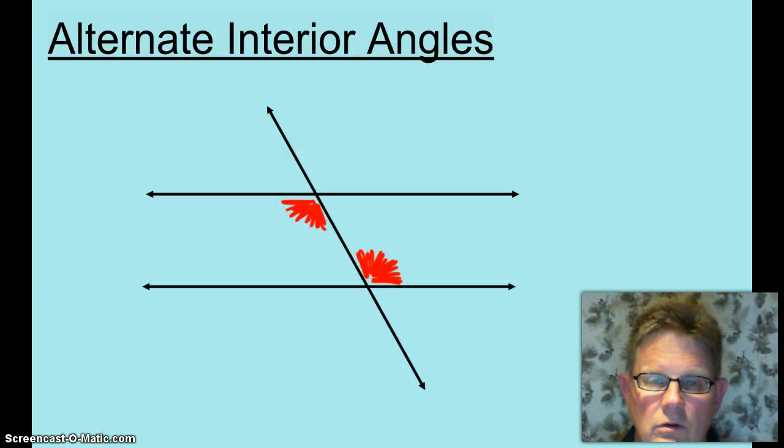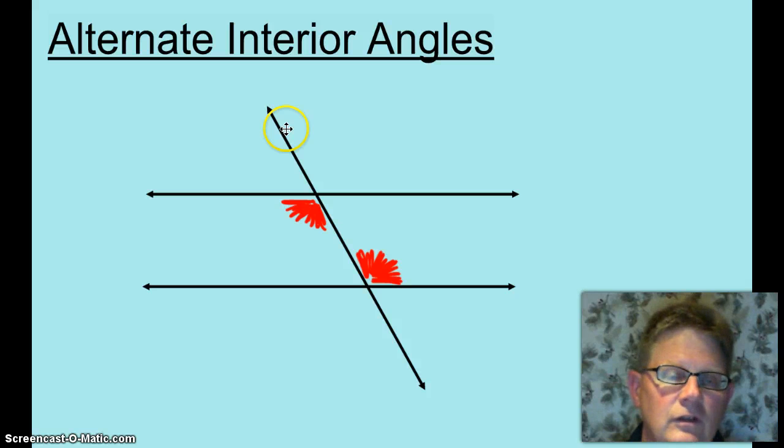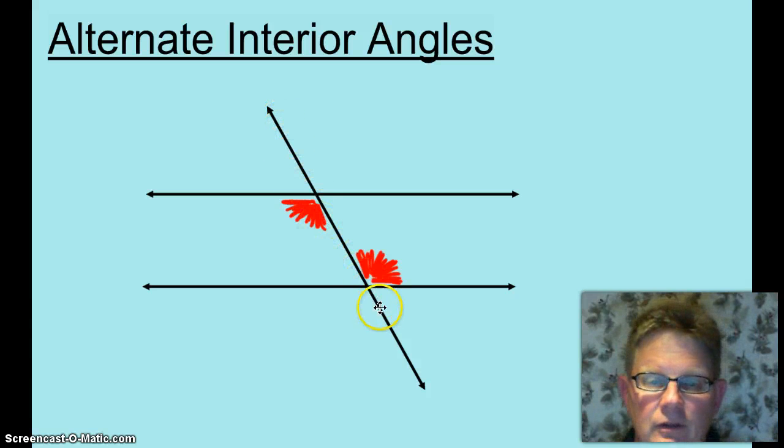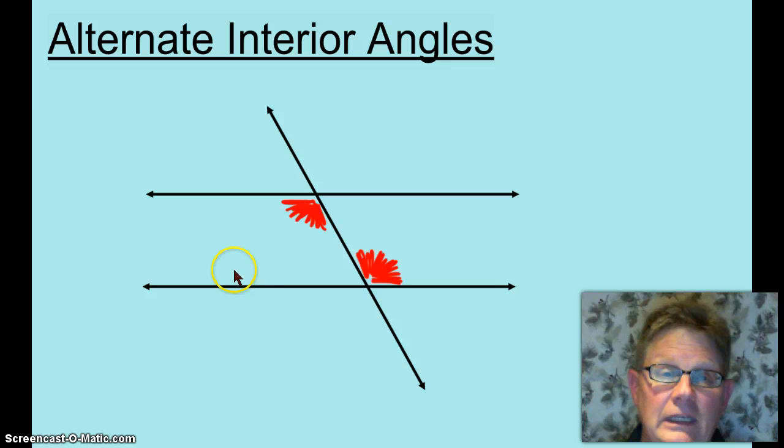There you go. They are on opposite sides of this oblique transversal. Oblique just means it doesn't intersect at a right angle. So this transversal is oblique. They're on opposite sides, but they're still inside the two lines.